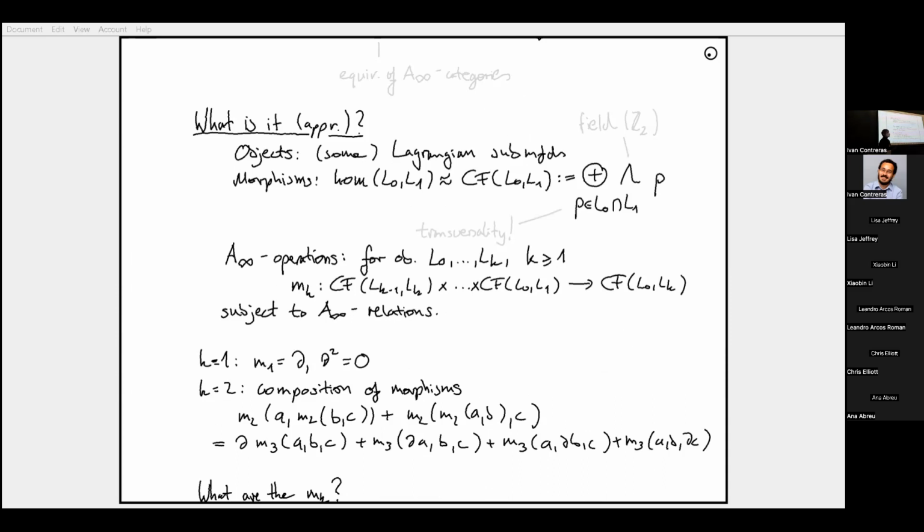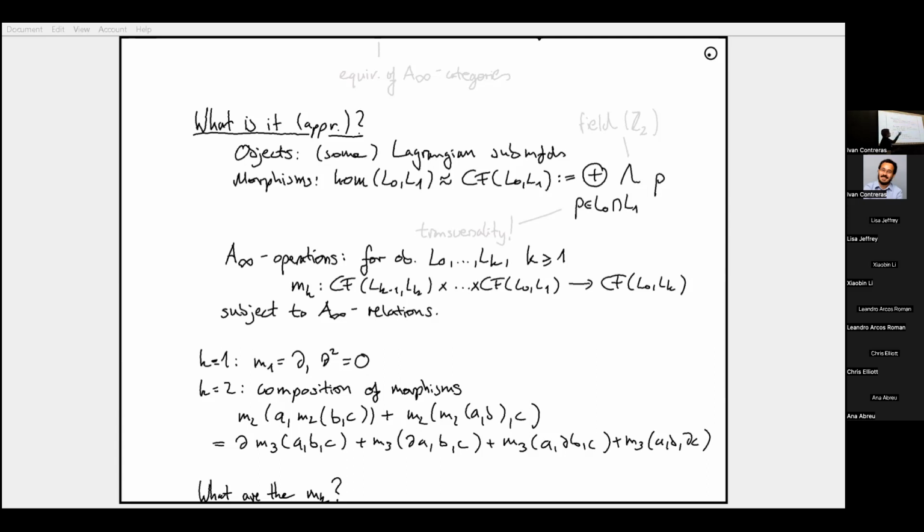The objects of the category should be a collection of Lagrangian submanifolds, and the morphisms between these should be their intersection points, or rather the Floer chain complex, which is spanned by the intersection points over some field, which for the purpose of this talk will always be Z2, but in general will have to be a bigger field than Z2.